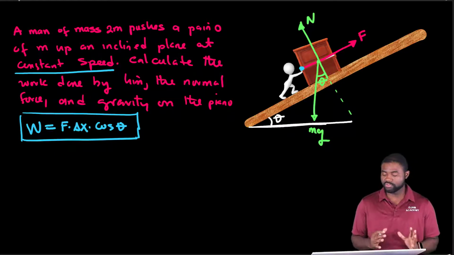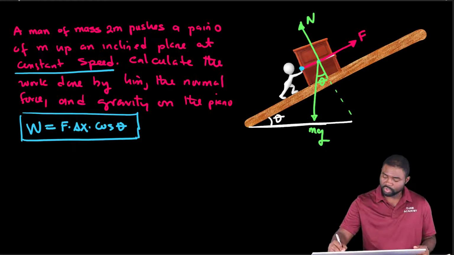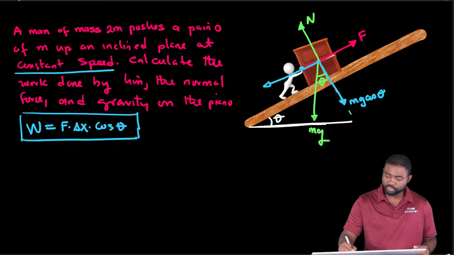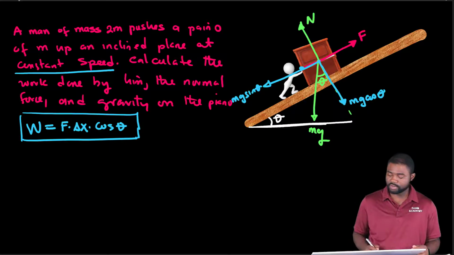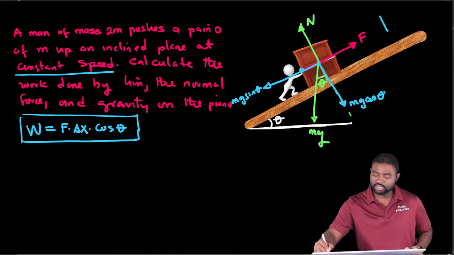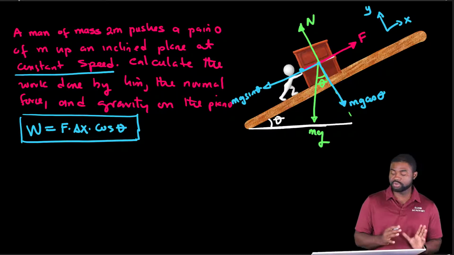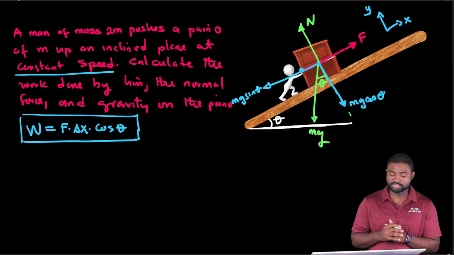That means that we can resolve the weight of the piano into two components. This will be mg cosine theta, and this will be mg sine theta. Now I'm going to choose my positive direction to be along the inclined plane. This is my x direction, and this is my y direction. That means that the piano is being pushed along the x direction.